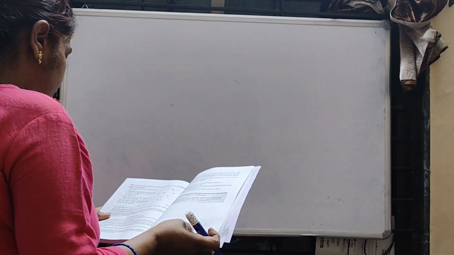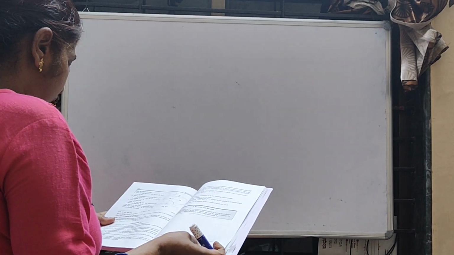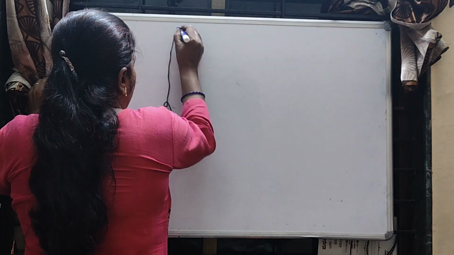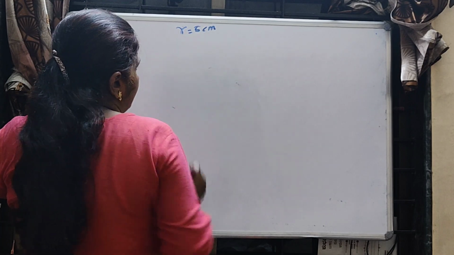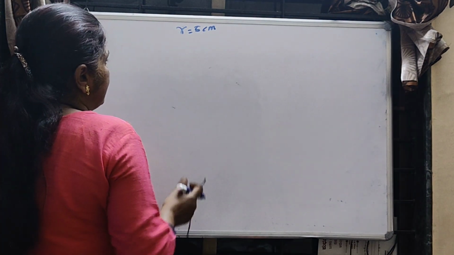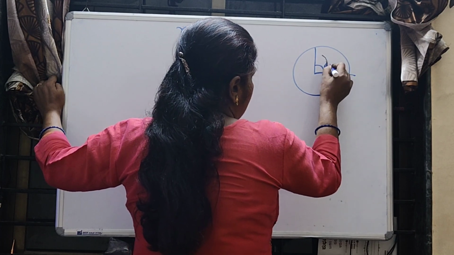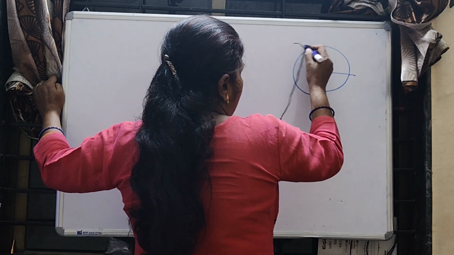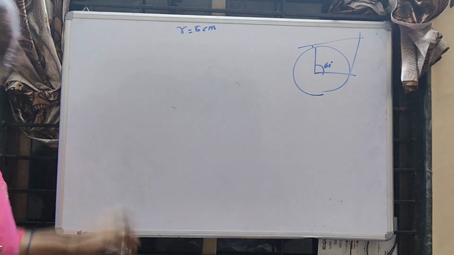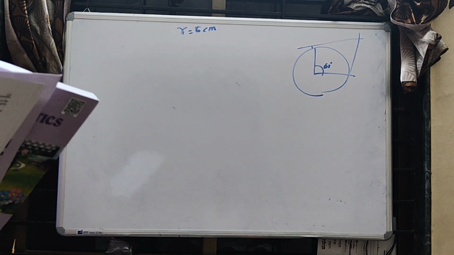The question is: draw a pair of tangents to a circle of radius 5 centimeters which are inclined to each other at an angle of 60 degrees. The radius is 5 centimeters, and the angle is between the tangents, not the radii.